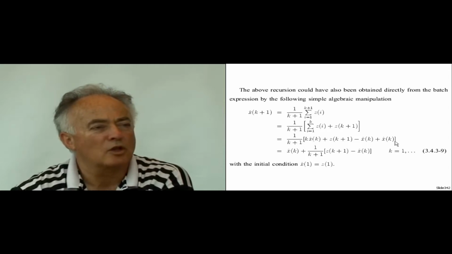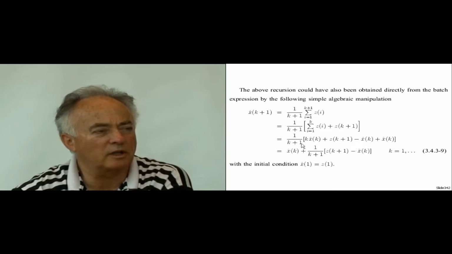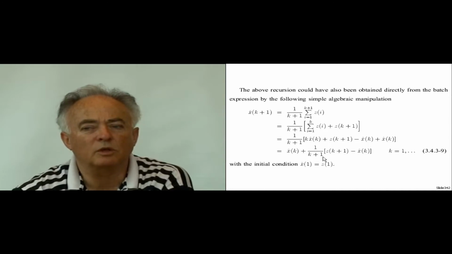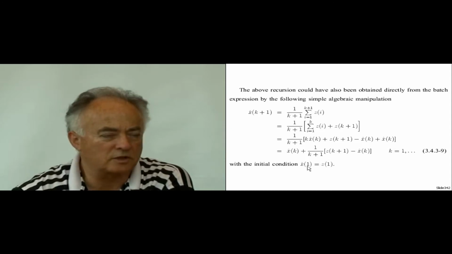This k and the plus 1 x hat k cancel with the outside 1 over k plus 1 and give me x hat k, and inside I have the measurement minus the previous estimate with gain 1 over k plus 1. So here's the recursion. It is identical to what we obtained before, and since this is a scalar problem, we can initialize it with the first measurement as the first estimate.